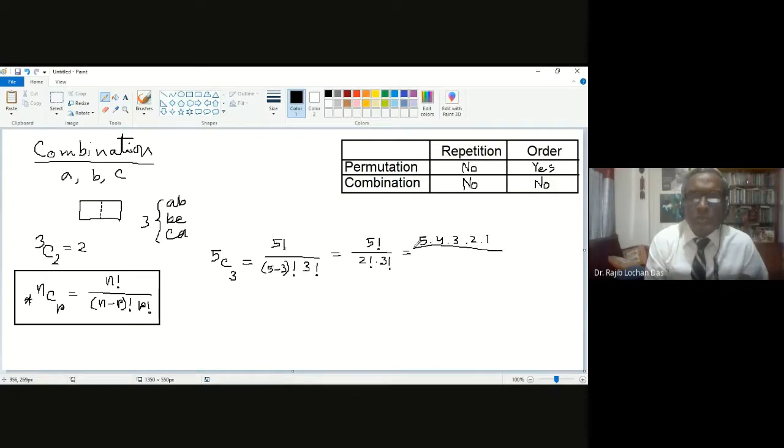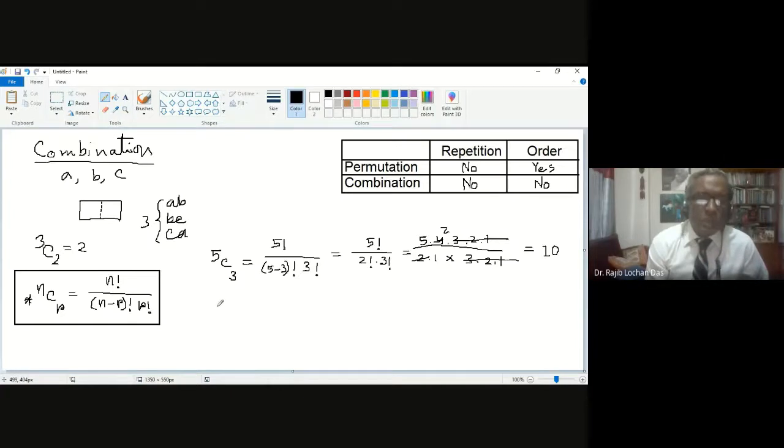And what is 2 factorial? It is also known. And then what is 3 factorial? 3 2 1. So you now cancel the common thing. So 3 2 1, 3 2 1 cancel, and 2 into 4 is... so finally it is 10. So this is 5C3.